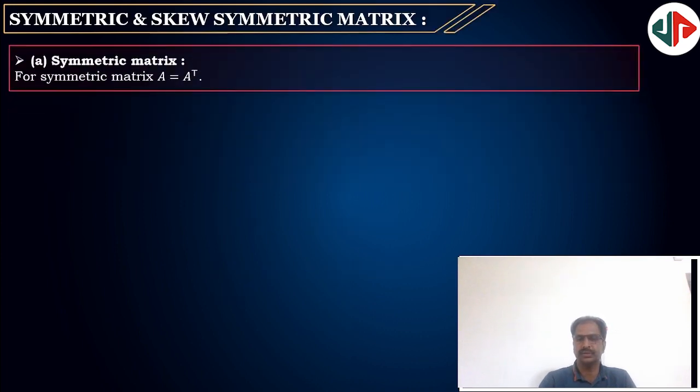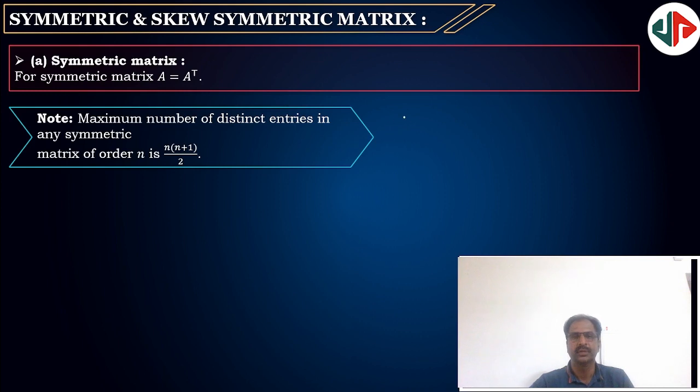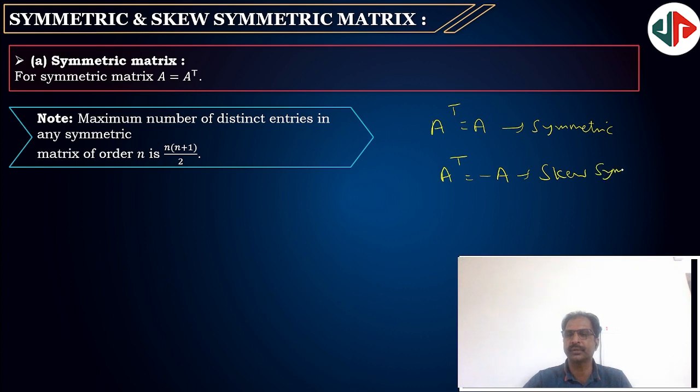Next, symmetric and skew symmetric matrices. If A is a square matrix such that A transpose is equal to A, then it is known as symmetric. If A transpose is equal to minus A, then it is known as skew symmetric.